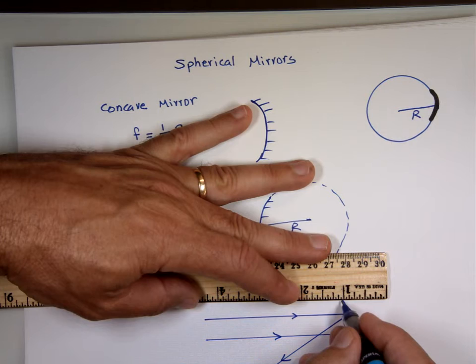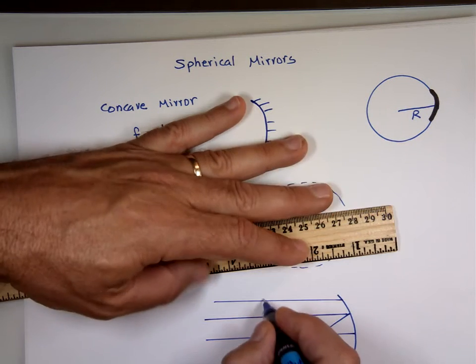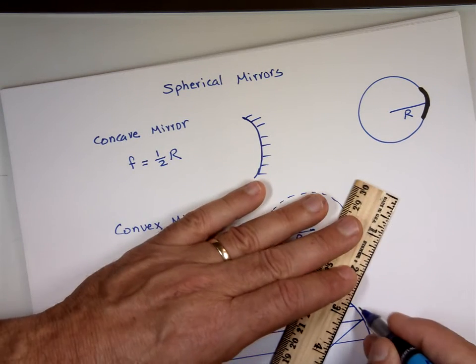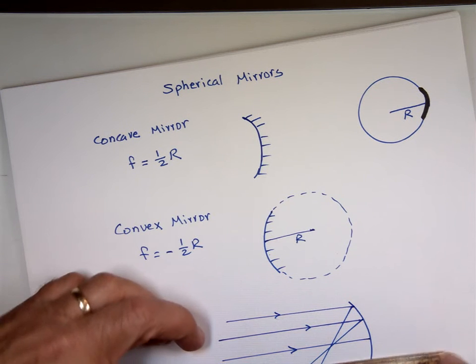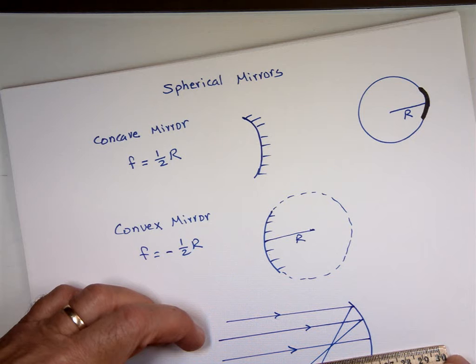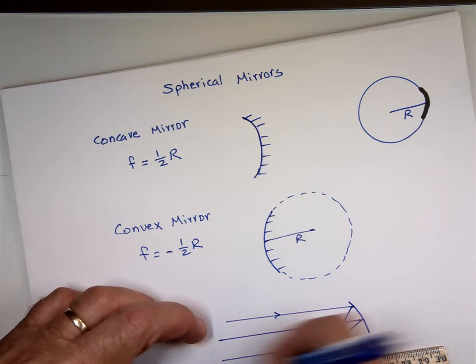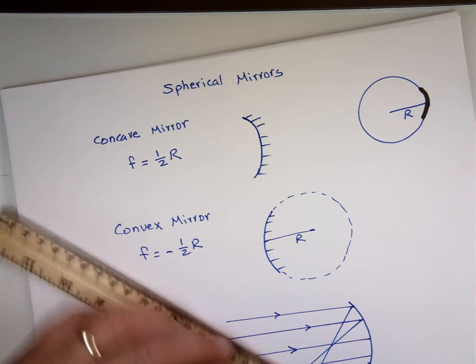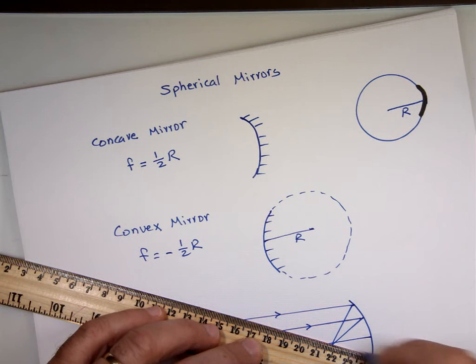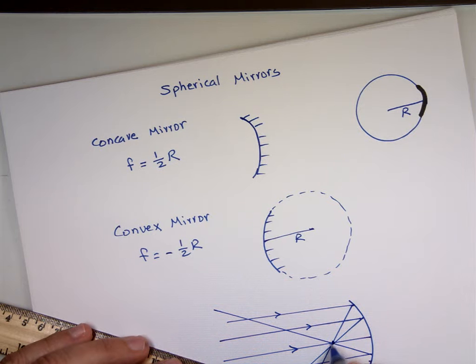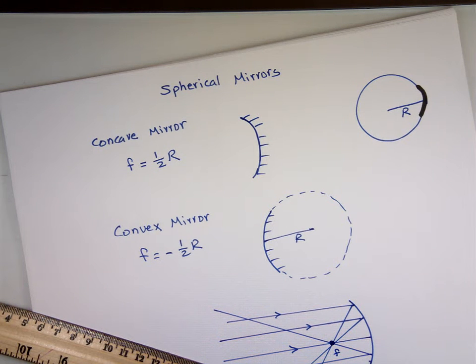And if the beam is higher, the deflection is going through that point. If it's down here, going in, the deflection is that one, or reflection. So this is what the focal point is, where all the beams cross, meet.